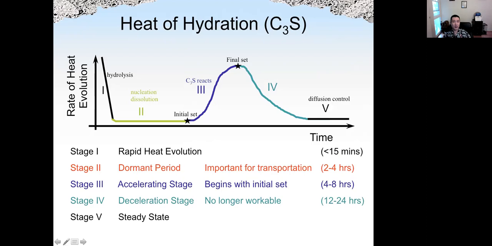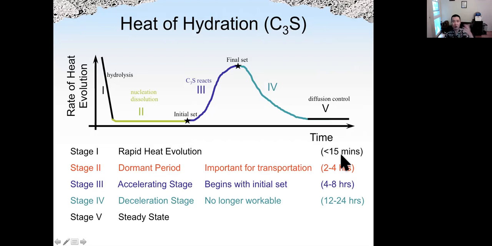Right, so let's look at the hydration in more detail. Here shows the heat of hydration over time. The x-axis is the time, the y-axis is the rate of heat evolution. Depending on the slope, the shape of the curve, we have 5 different stages. The first stage is called rapid heat evolution, which is less than 15 minutes.